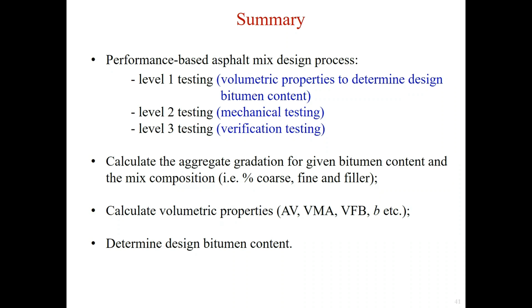We also learned how to use the formulas to calculate the volumetric properties of the asphalt mix, such as AV, VMA, VFA, and a few other parameters. Finally, according to the specification or requirement like design air void content, we could determine the design bitumen content from the plots of testing results.